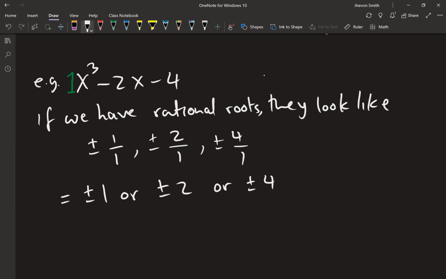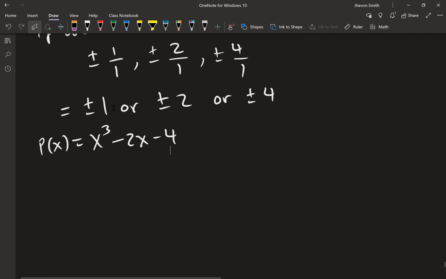Now, of course, here, you'd start by plugging in the smallest numbers first. Your goal is to try to get a root, meaning an x value that you can plug into p of x and get 0. So if you try p of 1, you'd realize that's not going to give you 0.